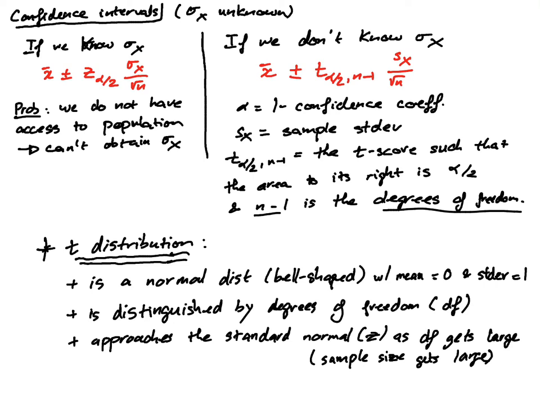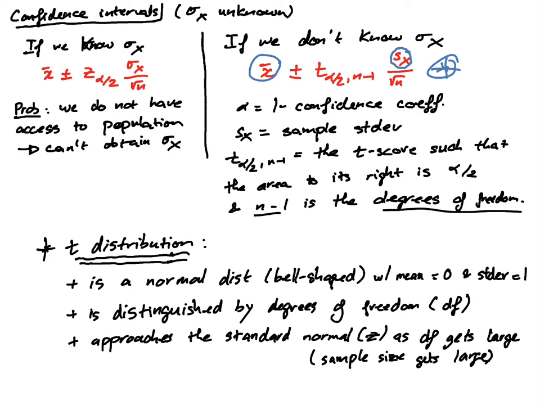Okay, so now let's look at the formula. Suppose we have a sample. In order to use the formula here, we need to calculate the sample mean. That's easy, we know how to calculate the sample mean. We need to calculate the sample standard deviation. Maybe it's tedious, but that's something that's doable.